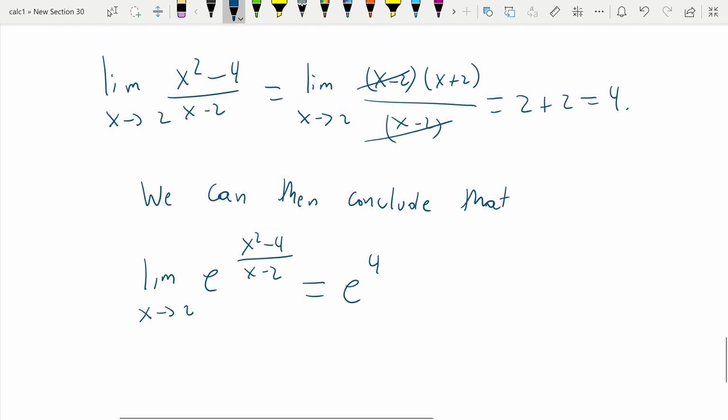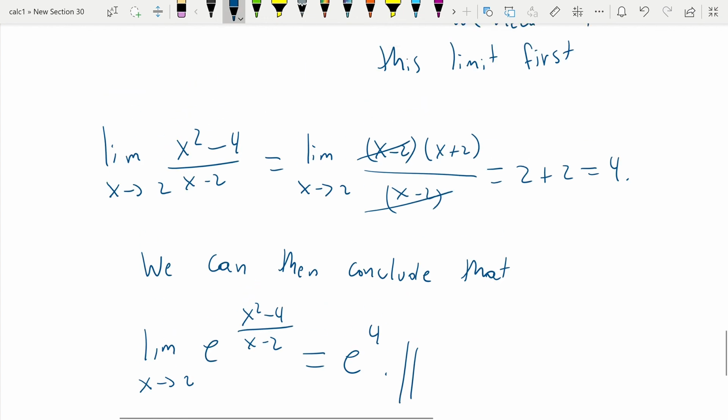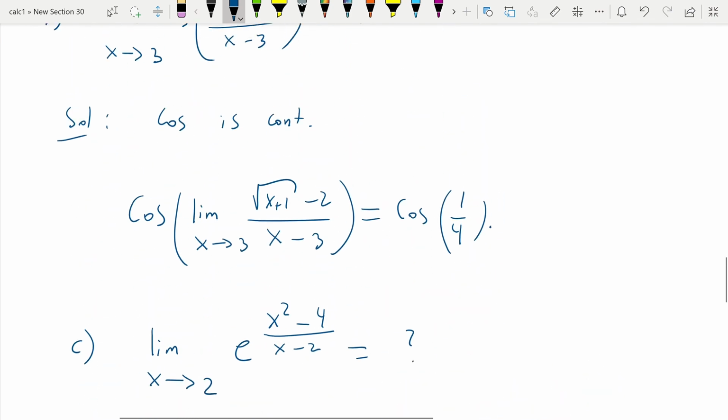This is what we just computed up here. So what's in the exponent is just 4. So that's our final answer for this problem.